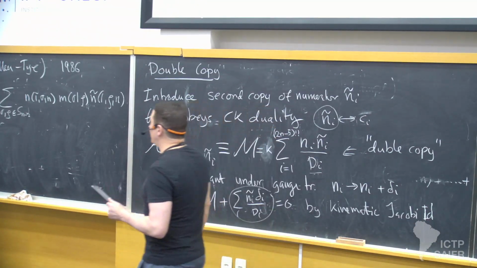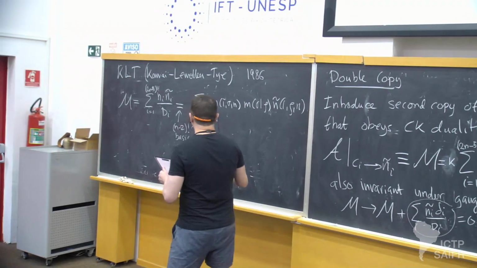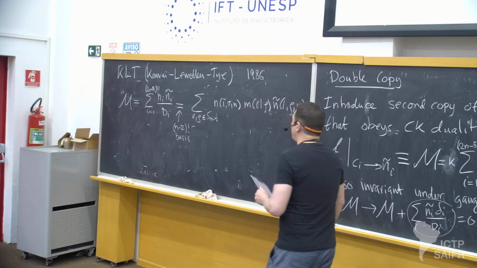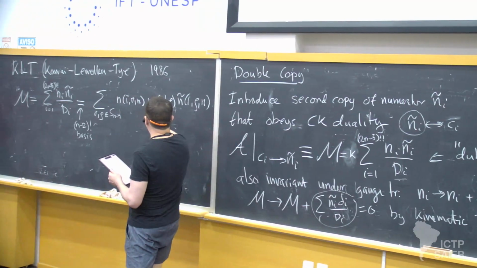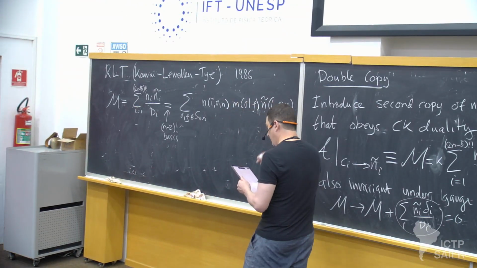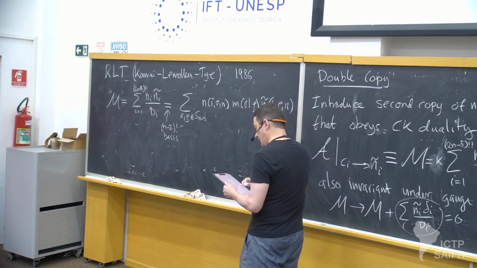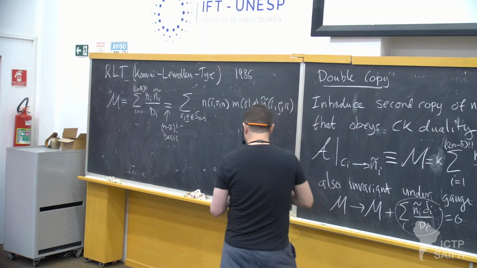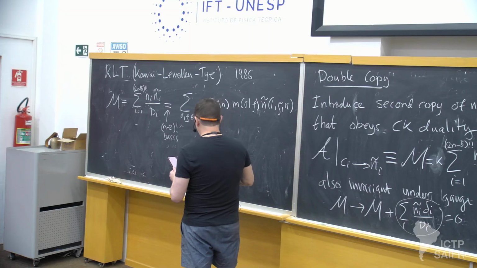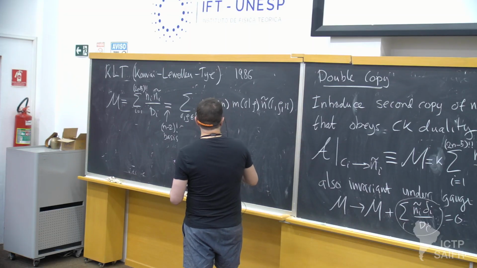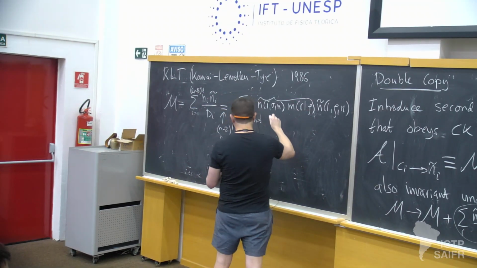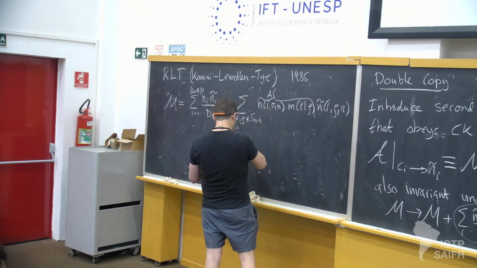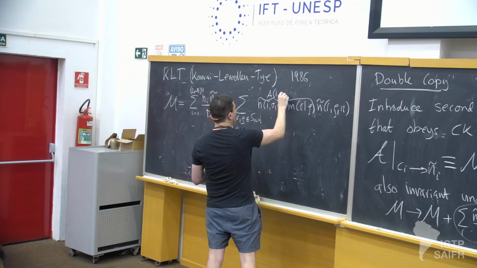So KLT is actually a map of the form that I wrote there. It's basically a map between partial amplitudes. I think I wrote down the partial amplitudes before, but I have erased it. We can see that the partial amplitudes are actually sitting here. For example, this thing here is the partial amplitude A(1, rho, n).